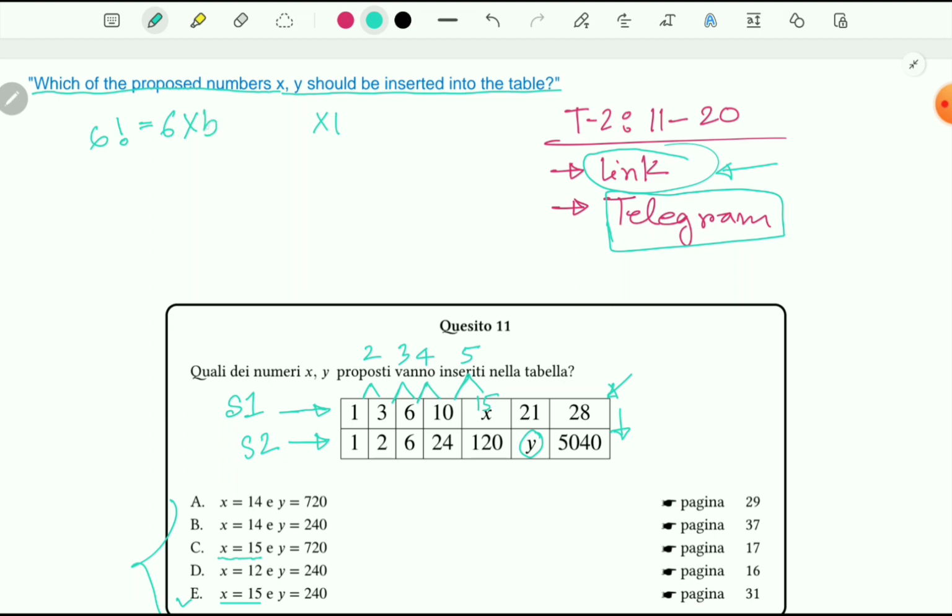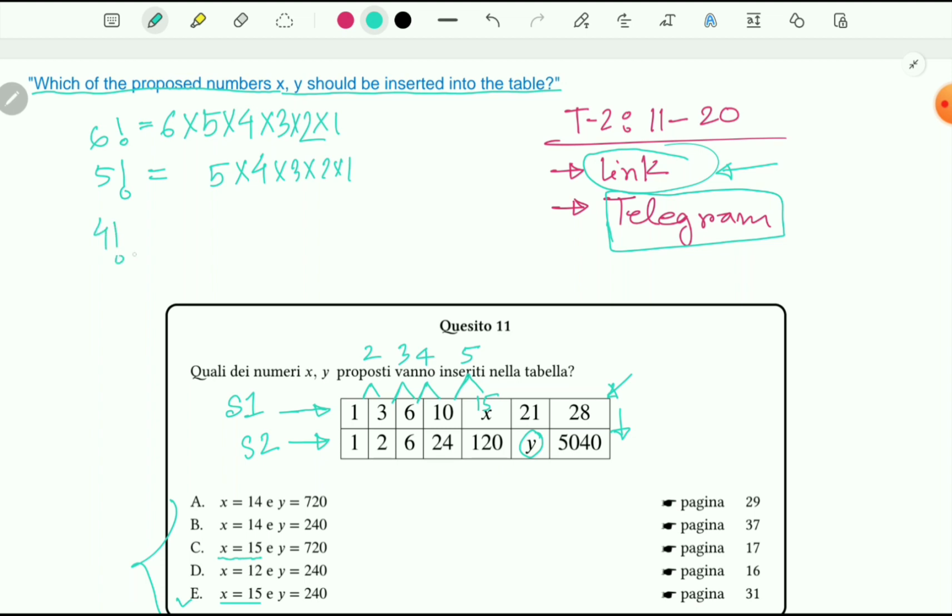So 6, 5, 4, 3, 2 and 1. What is 5 factorial? 5 factorial means number 5 into 4 into 3 into 2 into 1.